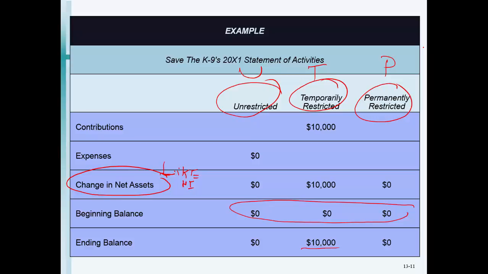So that's temporary restricted. And of course, nothing happened in the permanently restricted column. I circled the zeros here for beginning balance because we just started operation, didn't we? So by the end of year one of operation, we have only the $10,000 sitting there in the temporary restricted column, right? Okay.